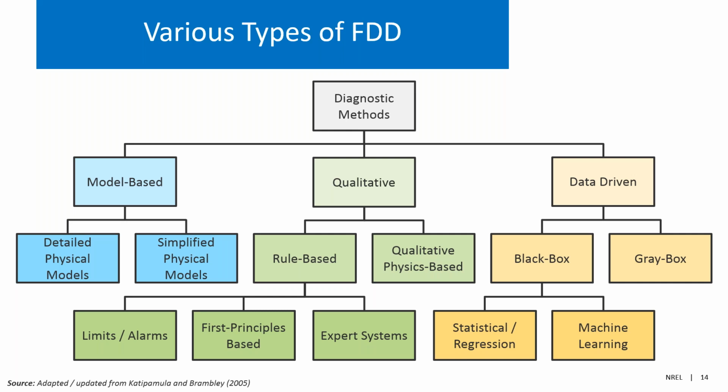Now, the second method here, which is labeled qualitative, I'm actually going to focus on the rule-based subcategory because that's by and large the bulk of the qualitative algorithms that are out there. In the case of the qualitative category, you sort of have a model still, but instead of having a physics-based model where you're actually crunching numbers and performing computations, you have a set of logical rules that define what you expect normal operation to be.